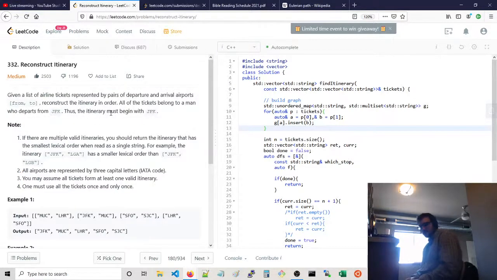So what I did was I said, all right, this is a lot like a graph problem. Each airport is its own vertex, and a ticket from one airport to the next is an edge, and it's a digraph, a directed graph. So there's a from and a to for each ticket.